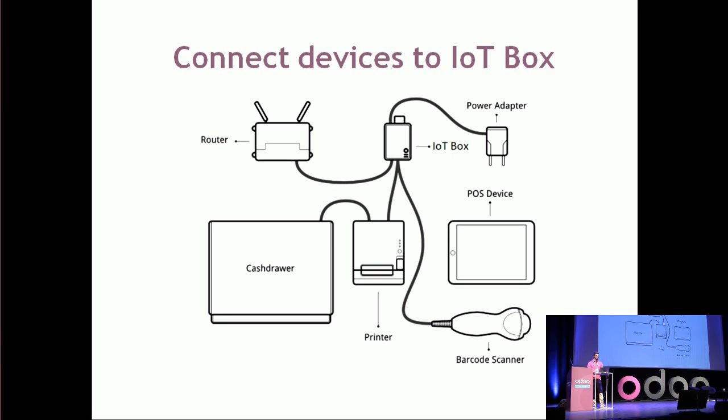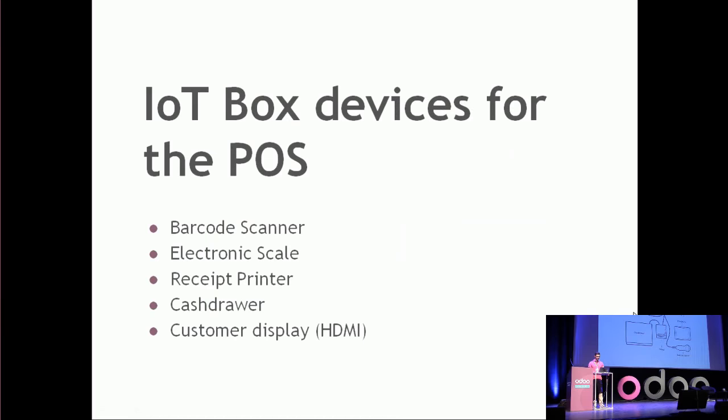So for example, as you can see here, the cash drawer, the printer, but also, for example, a barcode scanner. So here we are mostly focused on the PoS. On the PoS, the devices that can be useful could be the barcode scanner, the electronic scale, the receipt printer, the cash drawer, but also the customer display via the HDMI.